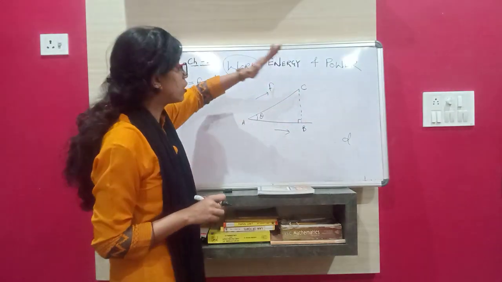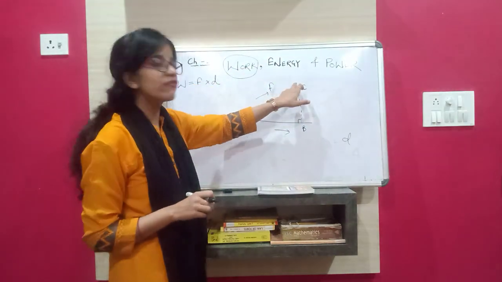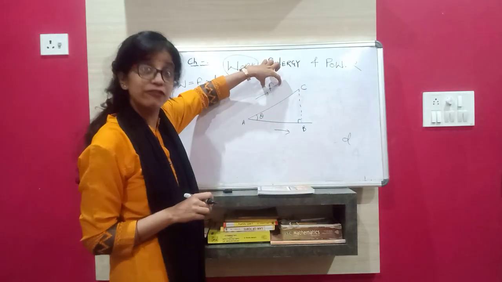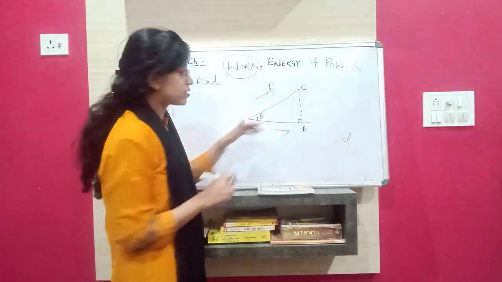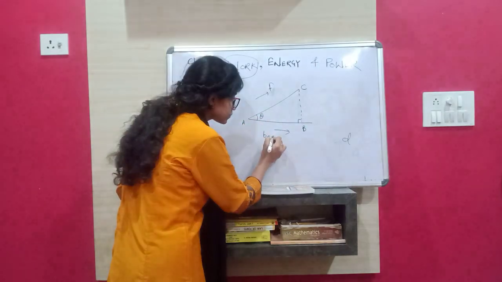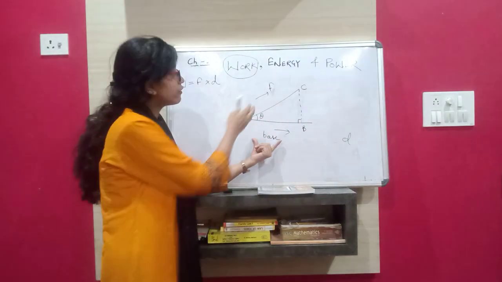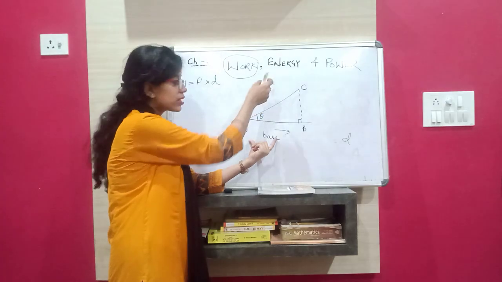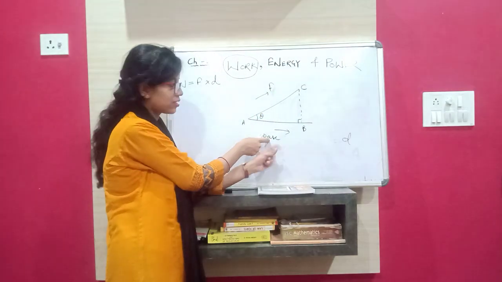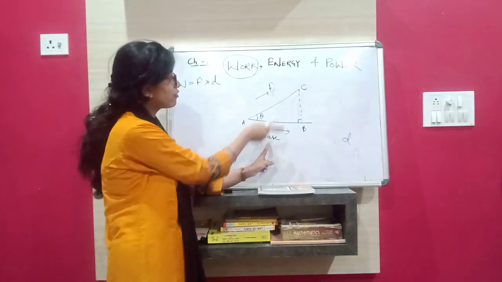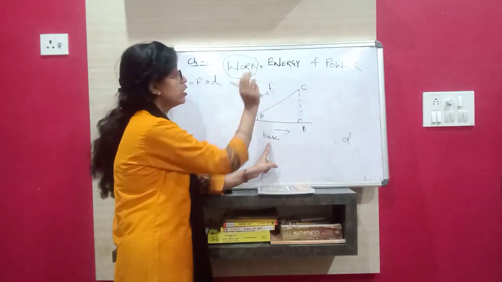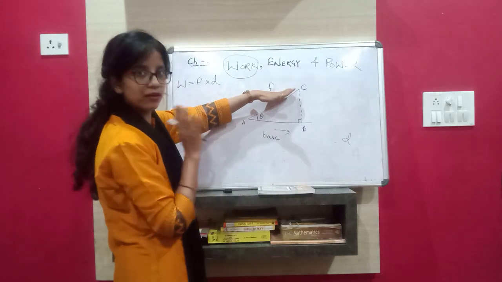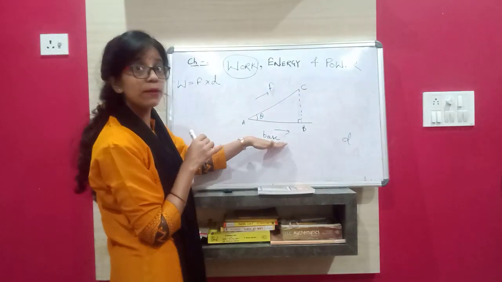Along the hypotenuse we are representing force. We want the component of force in the direction of the base. So we have something on the hypotenuse, and we want something on the base.